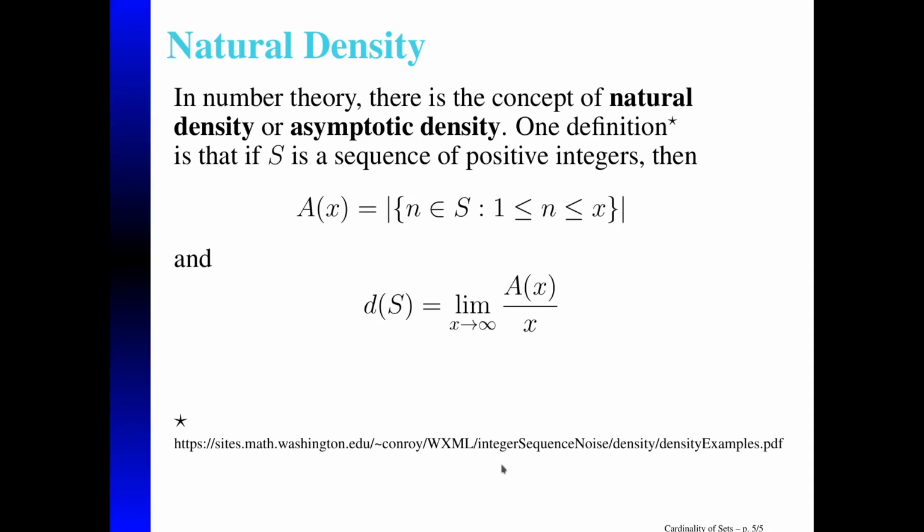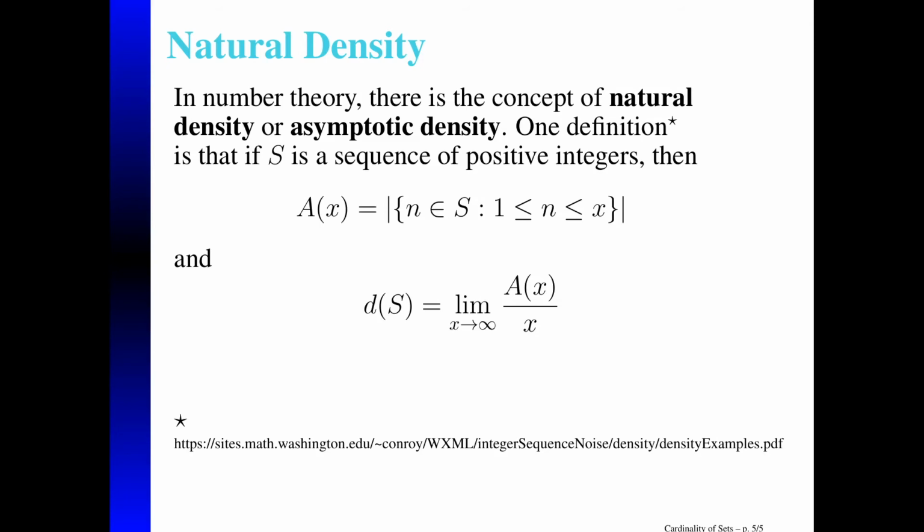But this definition, which I got from here, is talking about, see the vertical bars here, A(x) will be the cardinality of the set where, if S is a sequence of positive integers, we choose those elements in the range of 1 to x and take its size, the cardinality. Then if I were to take the ratio of that to x as x approaches infinity, this will give me an idea of the density of the set we're looking at.